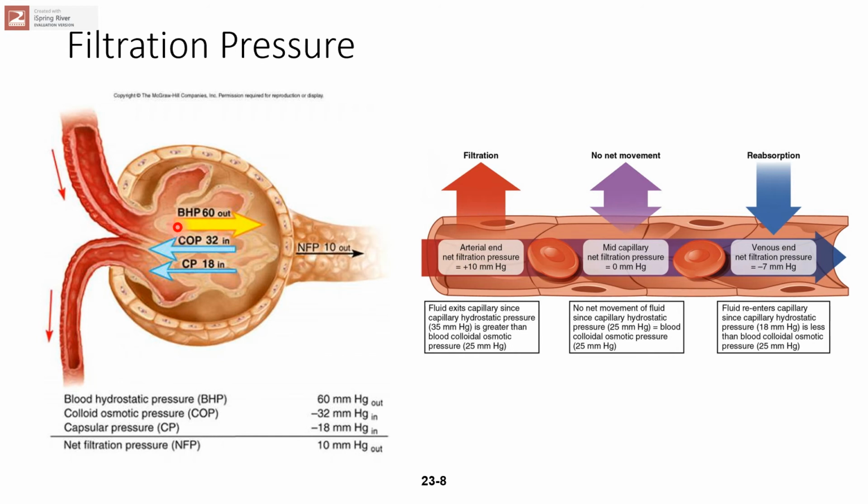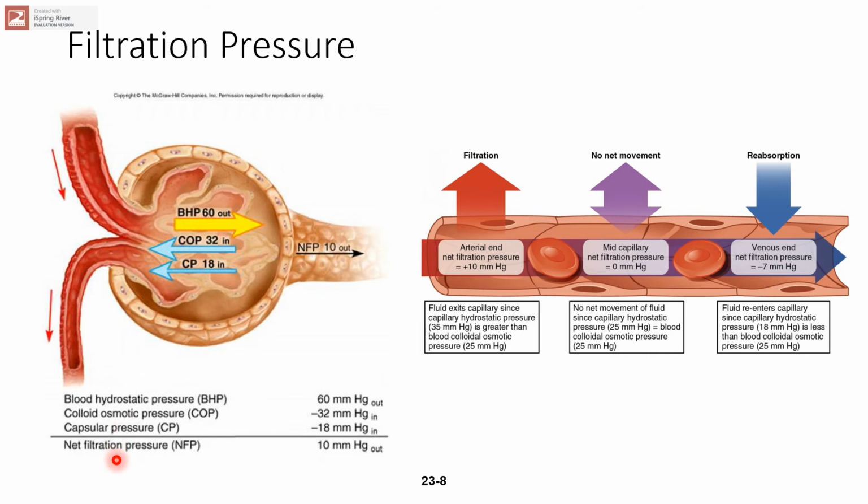Okay, so you have the blood hydrostatic pressure trying to push out to force solutes and liquids into the capsular space, and then you have the colloidal osmotic pressure trying to move away because they cannot pass through the pores of the filter. And then you have the capsular pressure that is exerted by the liquid in the capsular space, again trying to exert some pressure against the glomerular capillaries.